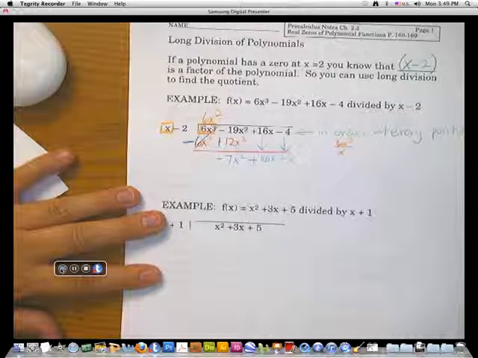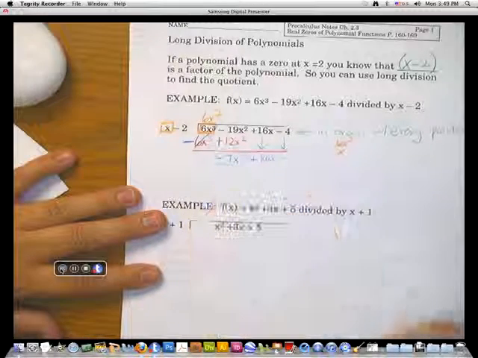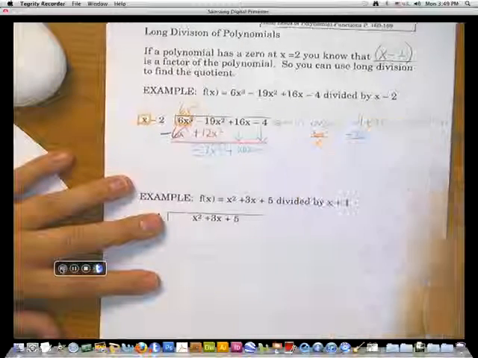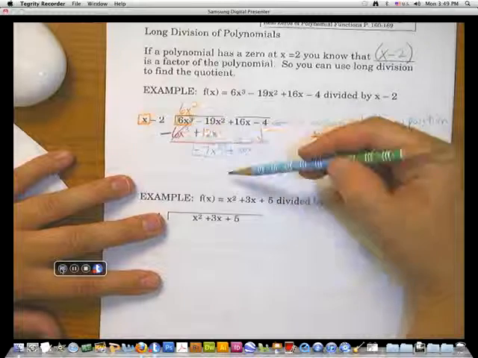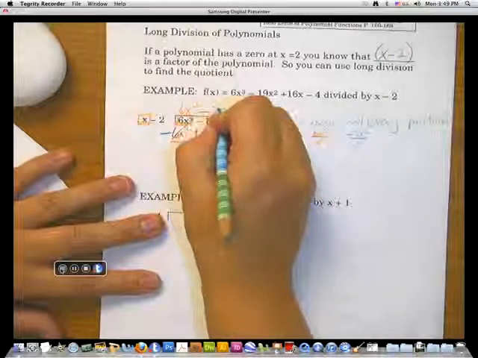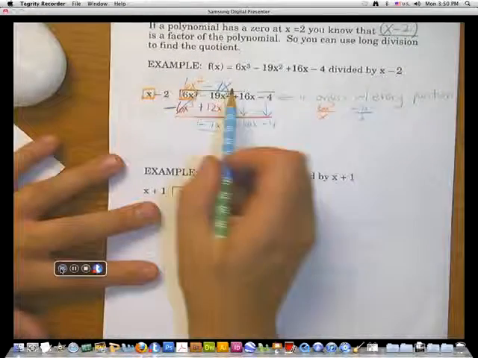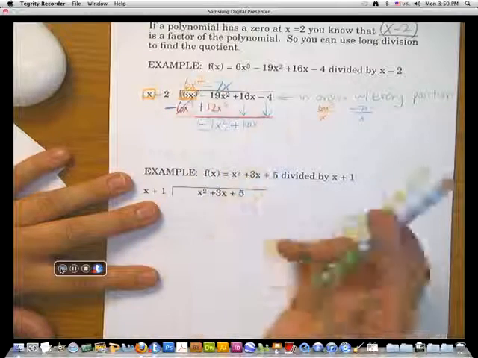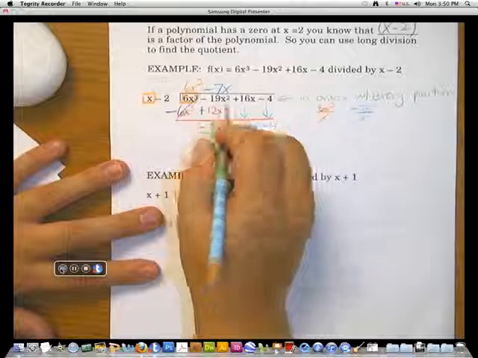Now we start again, but this time we look at x and negative 7x squared. So negative 7x squared and x, what does that reduce to, or how many x's go into negative 7x squared? You should be able to reduce that to negative 7x. Now we're going to multiply it around, and when I multiply it around, negative 7x times x, I get negative 7x squared.